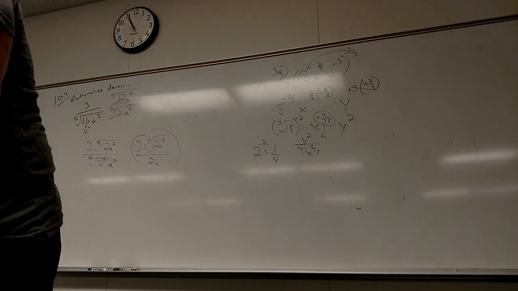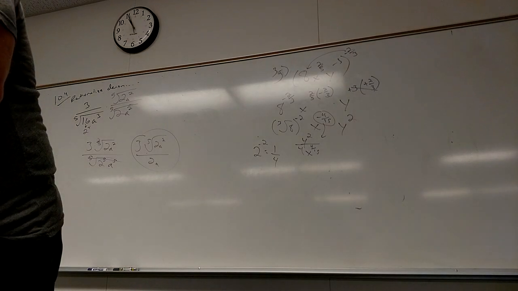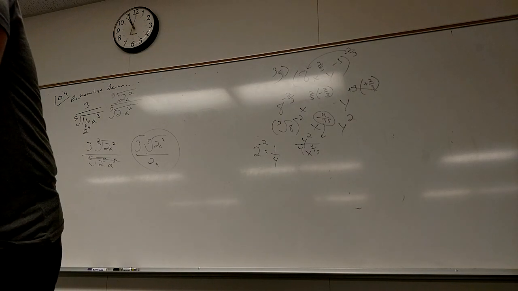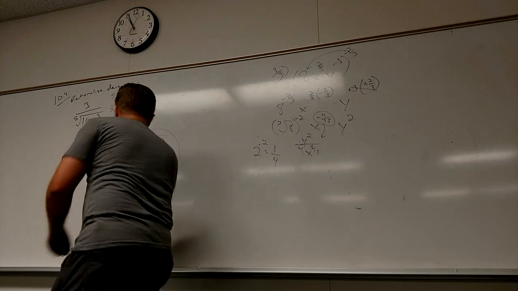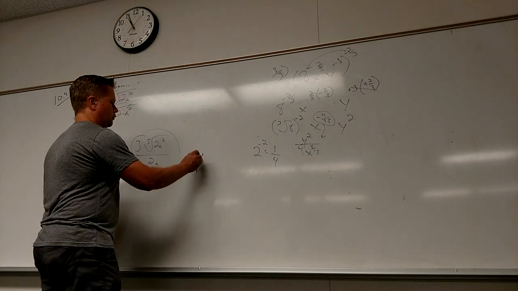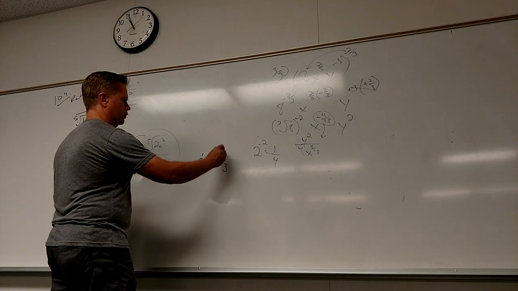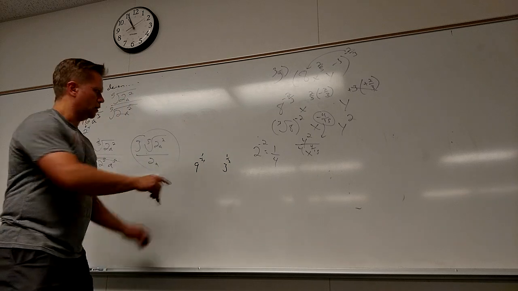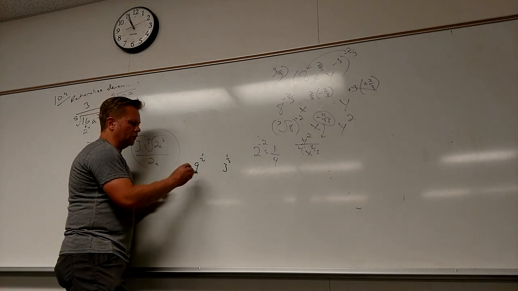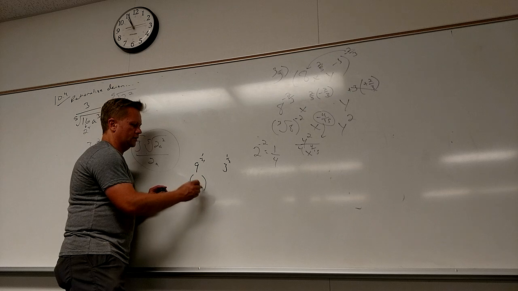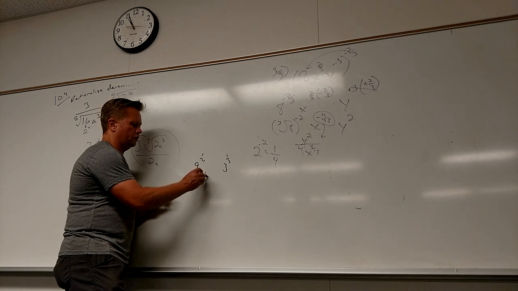The weird part is the numbers. So you get like 9 to the 1/4 with some a's and b's, right? And then 3 to the 1/2, right? 9 to the 1/4. Let me see if you get this. That's 3 squared to the 1/4, right?